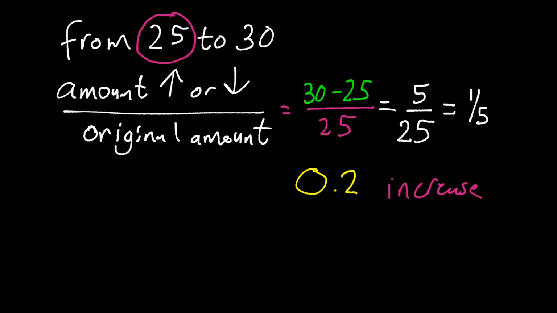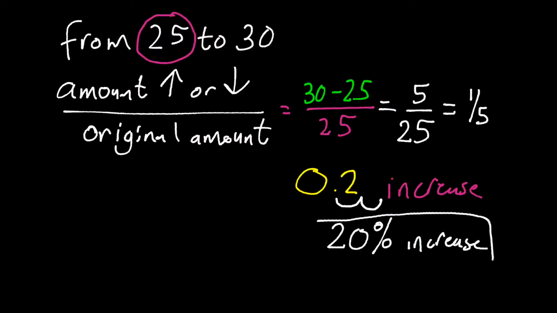And the last thing we need to do is, what type of a percent is 0.2? If we move our decimal 2 spots to the right, we get 20% increase. And that is our final answer. Going from 25 to 30 is a 20% increase.